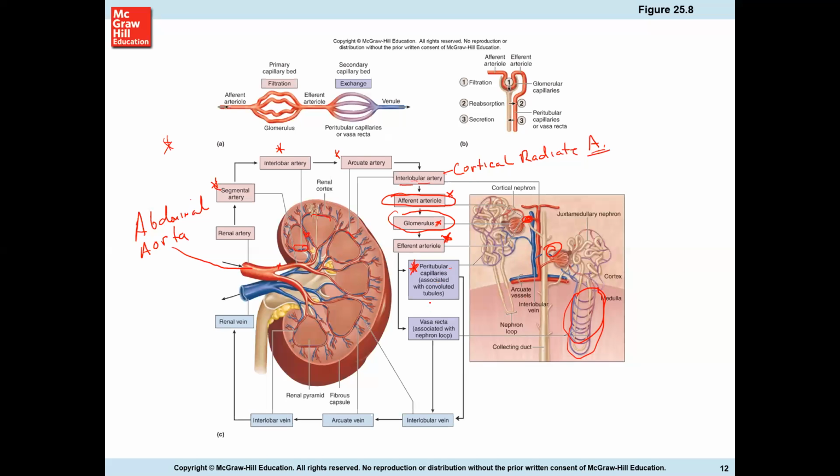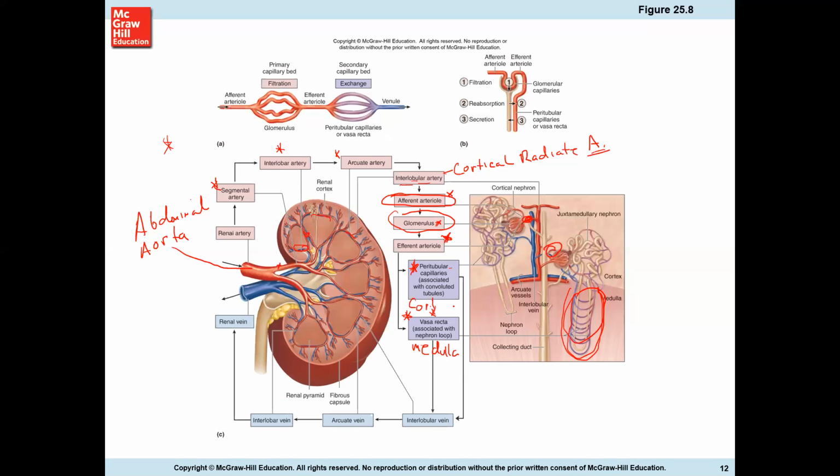But remember, the tubules will loop, so they need blood companion, and that's the vasa recta. So the vasa recta is involved with reabsorption in the loops of Henle, in the medulla. So the vasa recta is in the medulla. Let me just write that. And the peritubular capillaries are in the cortex.